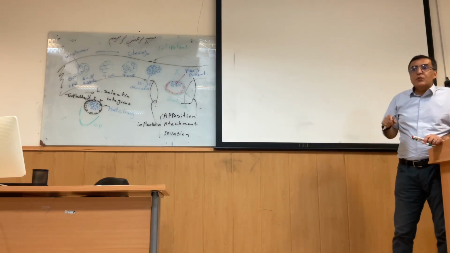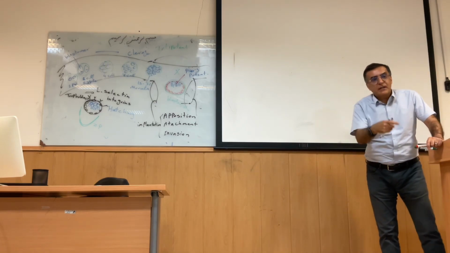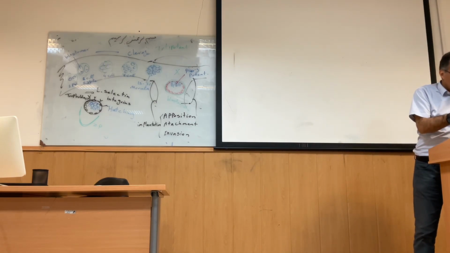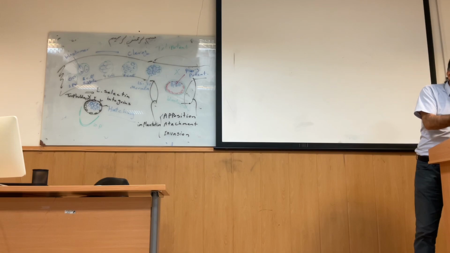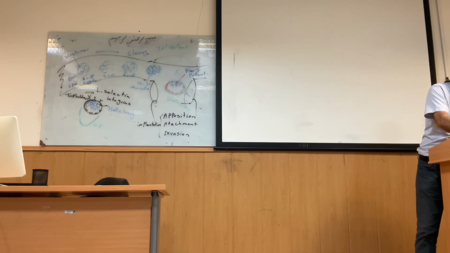And I have a question: why is the embryo not rejected by the mother? Because we have half of the chromosomes from the father, and this embryo is now a foreign tissue. Why is it not rejected by the mother? Is it because of recombination during the... No. Have you read about it?